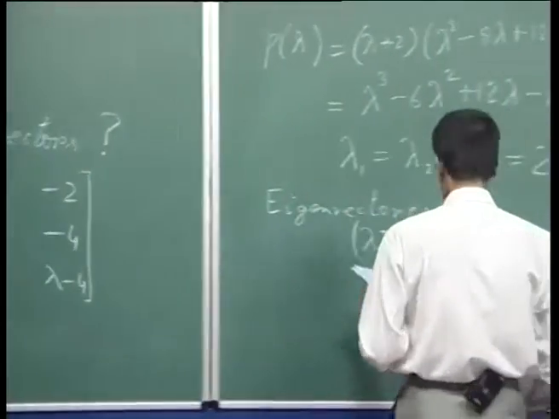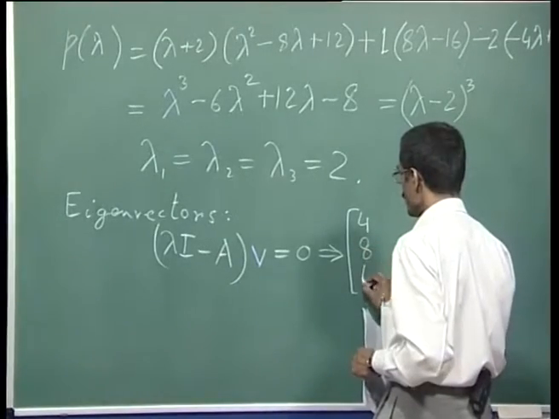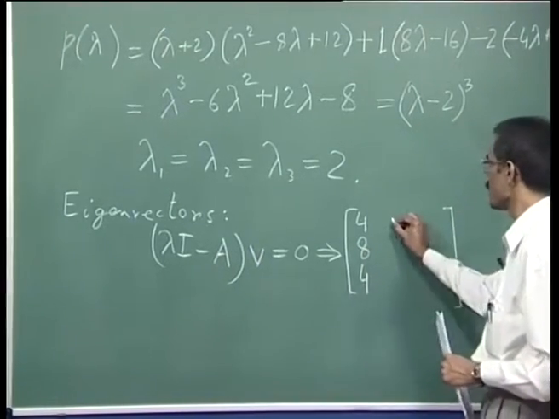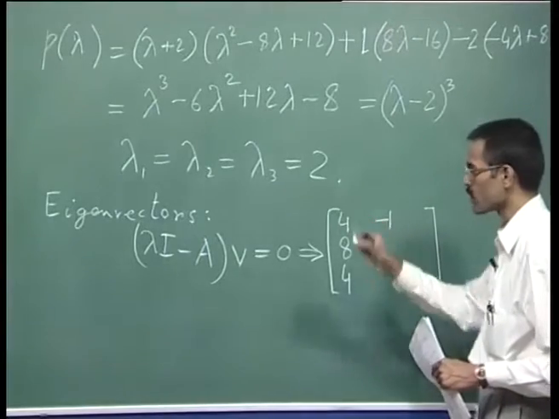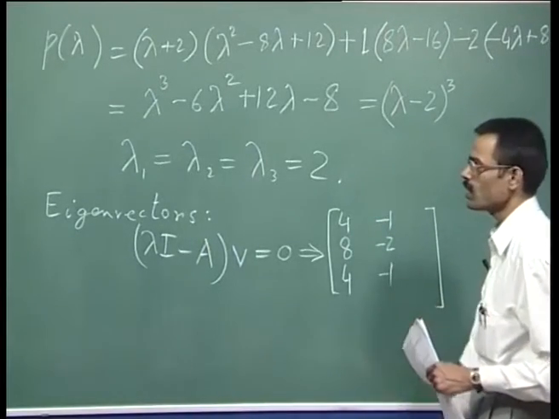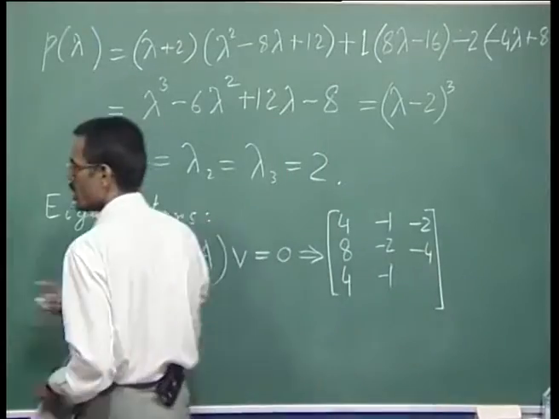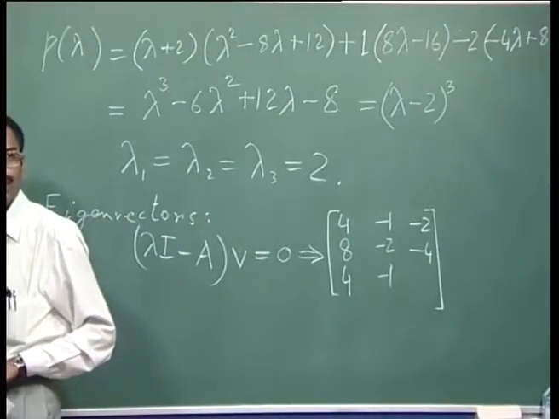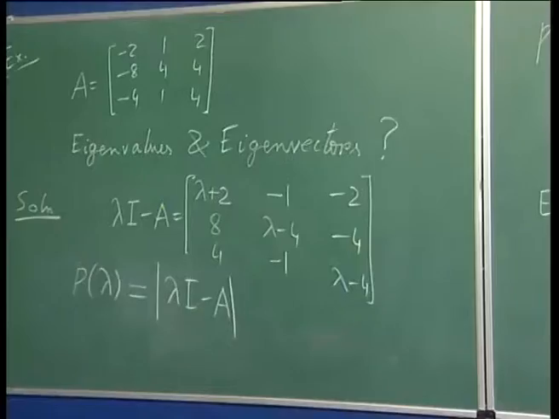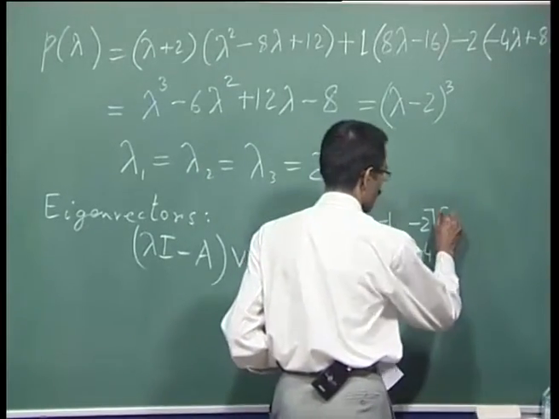So, that will give us 4, 8, 4, minus 1, 2 minus 4, that means minus 2, minus 1, and finally, in the third column minus 2, minus 4, and then 2 minus 4, that means minus 2 into this eigenvector.